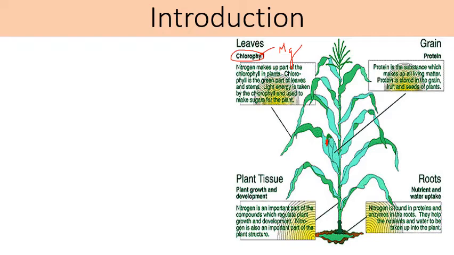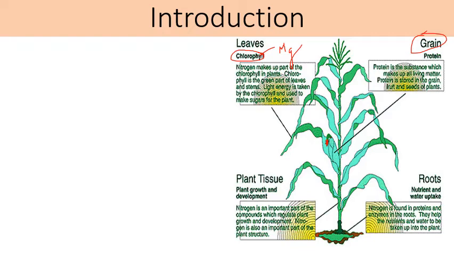Then nitrogen is important for the development of plant tissue. It regulates the normal growth and functioning of the plant. As we know, cellular structures are made up of proteins, so protein plays a very important role in the growth and development of the plant. Grains also contain a proteinaceous layer. In cereals, the layer of protein present is known as the aleurone layer.